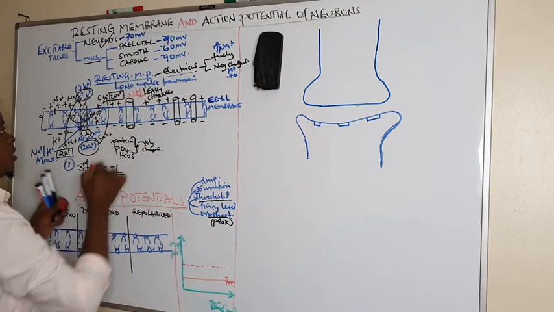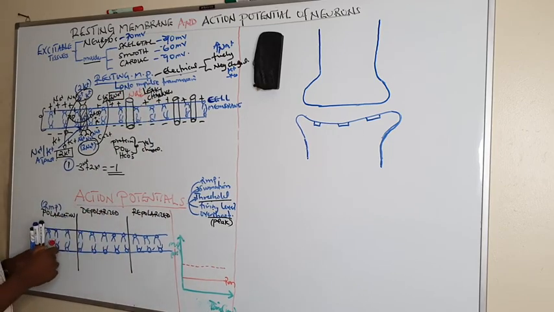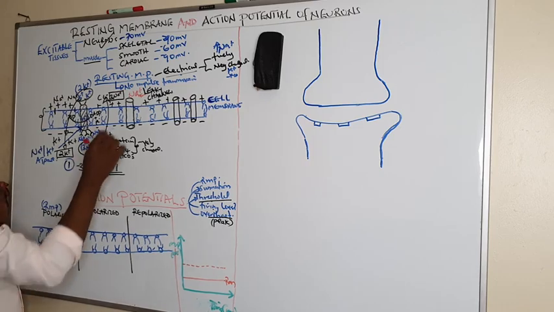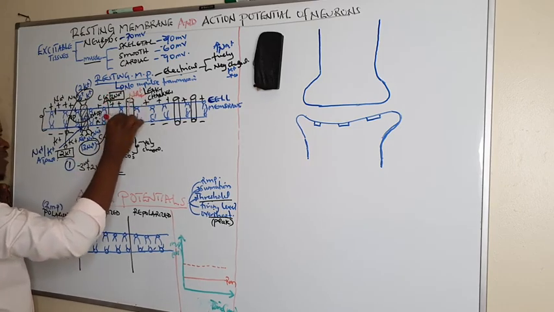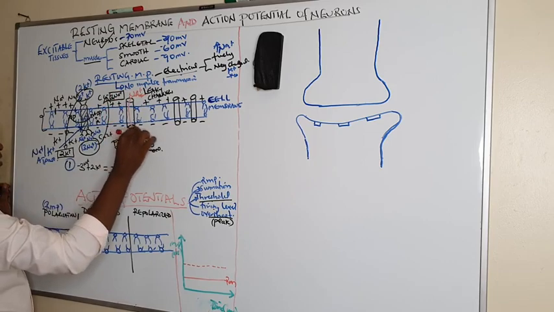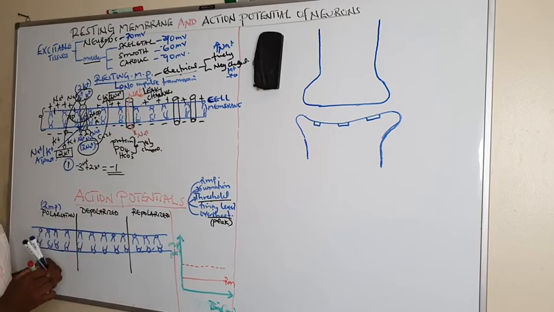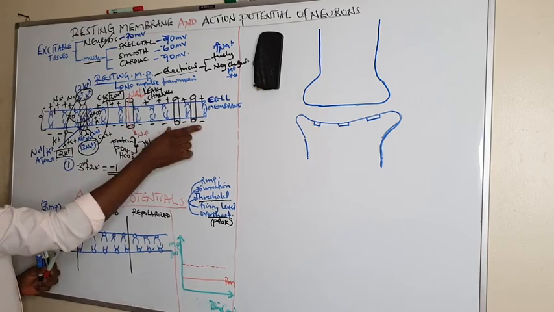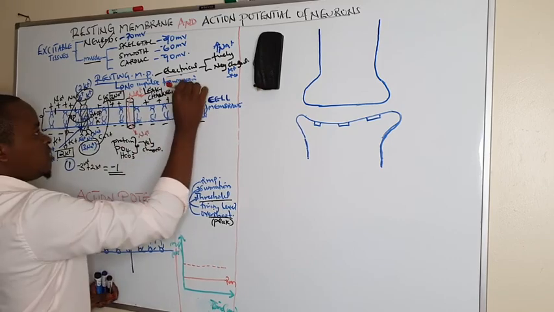This sodium leakage channel also allows sodium ions to leak inside the cells by passive transport. But this is not so important like the potassium leakage channels.